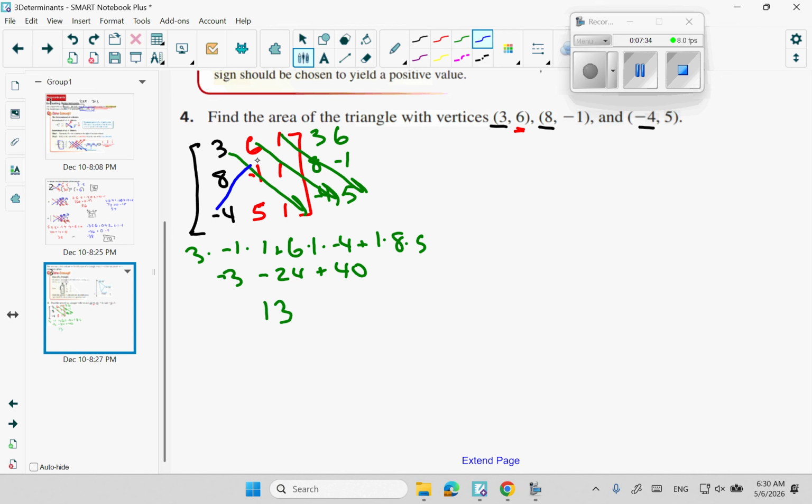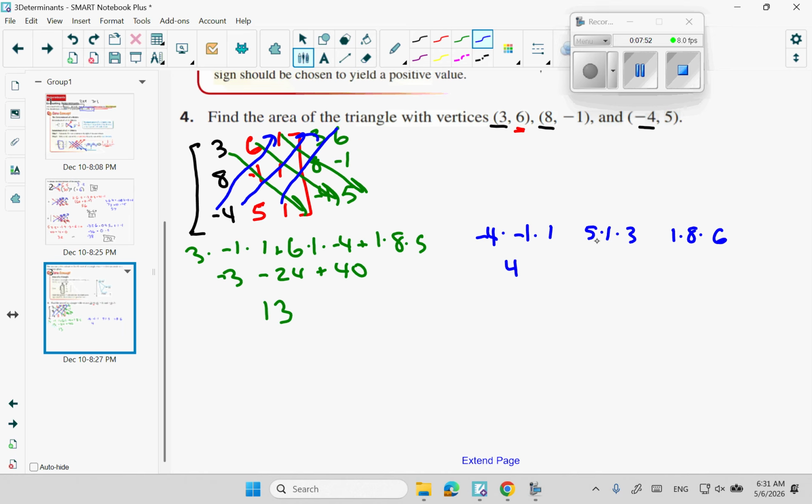In the other direction, negative 4 times negative 1 times 1, 5 times 1 times 3, 1 times 8 times 6. So that gives us 4.